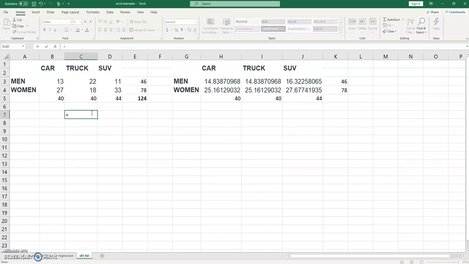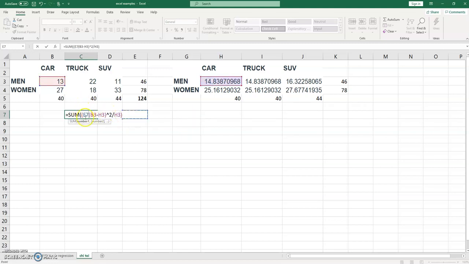What you're going to do is take the sum, and you're going to take observed minus expected squared divided by expected, right? And we're going to do this for every one of those terms.